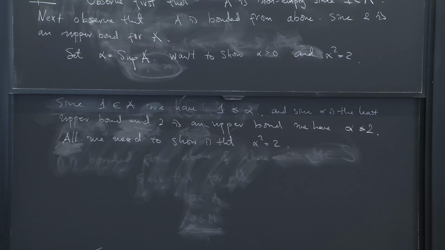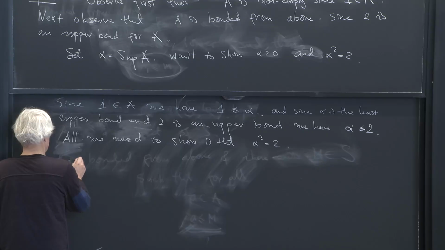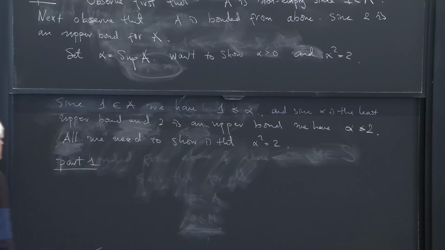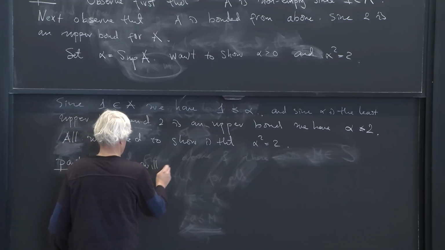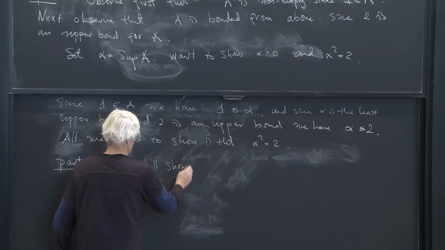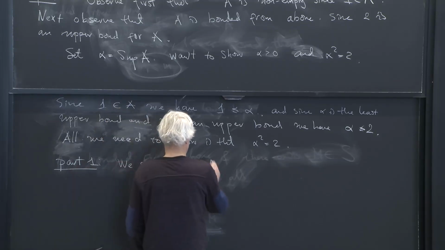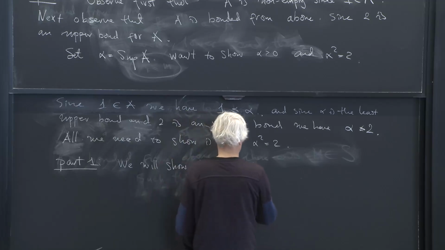And there were 2 parts to this, part 1 and part 2. In part 1, we will show that alpha squared is less or equal to 2.